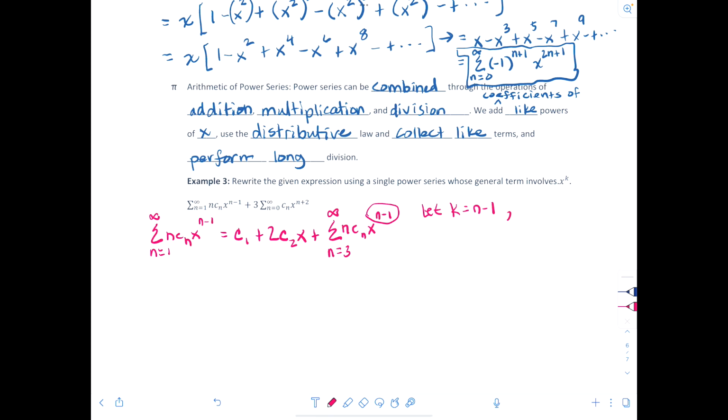Now, if k is equal to n minus 1, n would in turn equal to k plus 1, correct? And the lower limit of summation is now n equals 3, right? So where would k start? When n is 3, k would start at 2. Cool so far? All right.